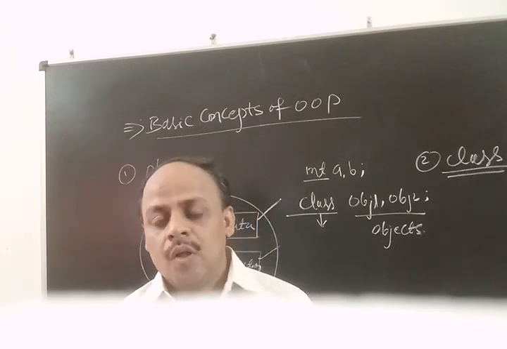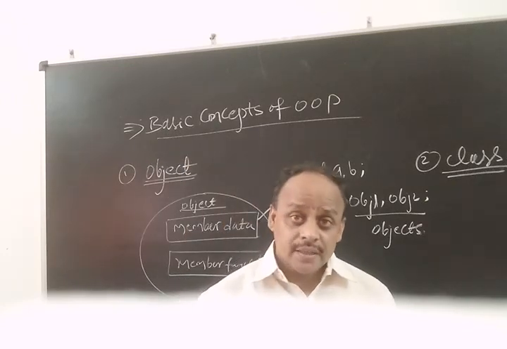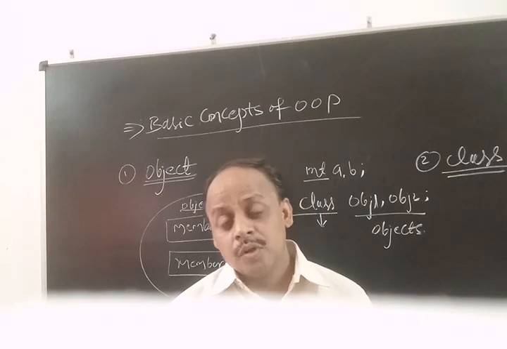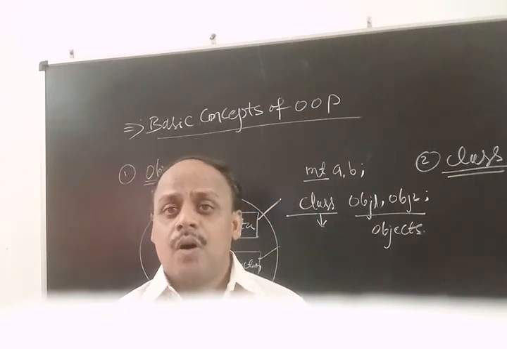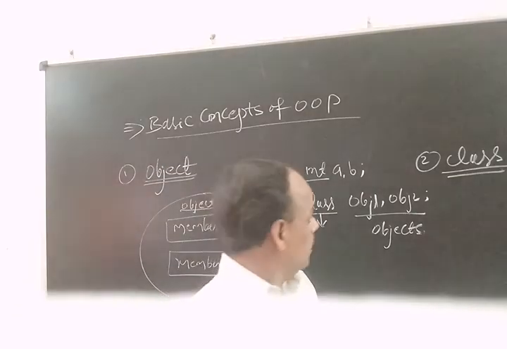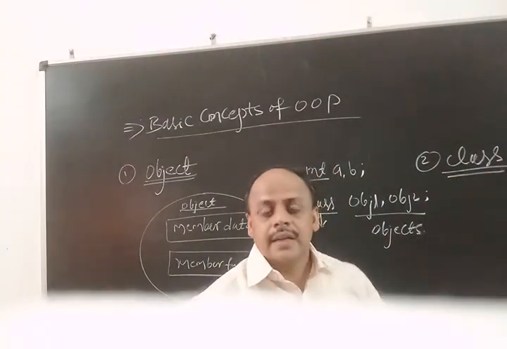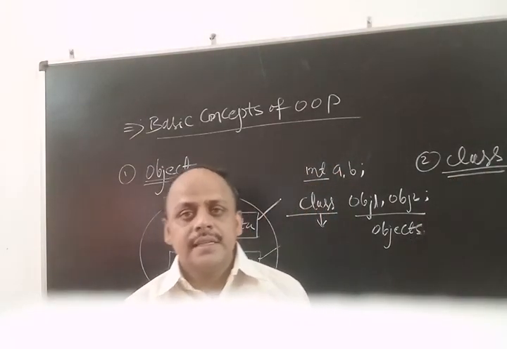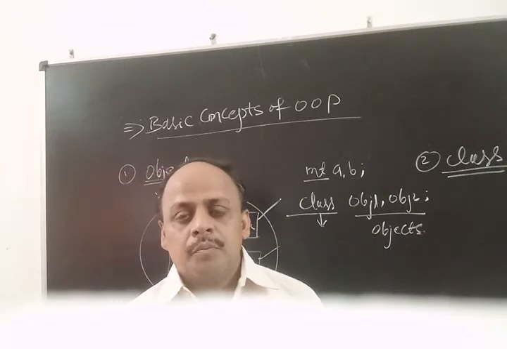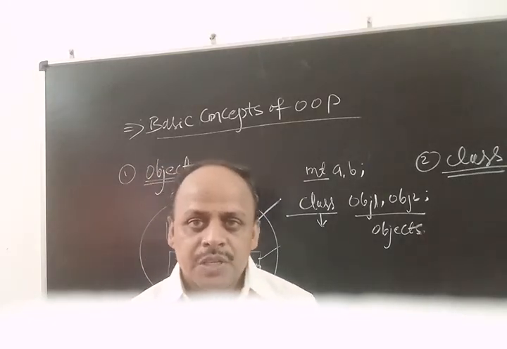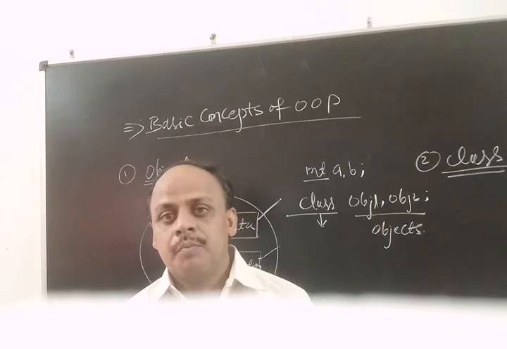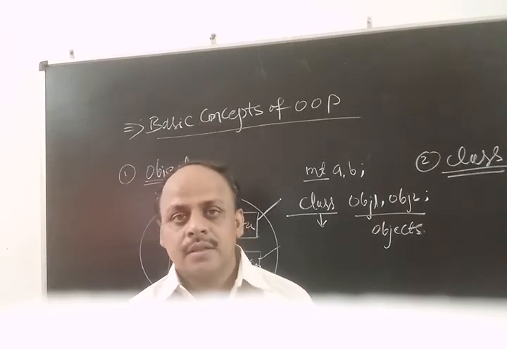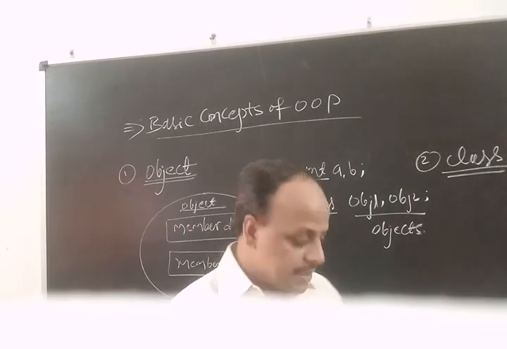When a class is defined, a class may have more than one object. So how can we define it? A class is a user defined data type. It contains member data, member functions as well as a number of objects. Okay, so let us see the class diagram.